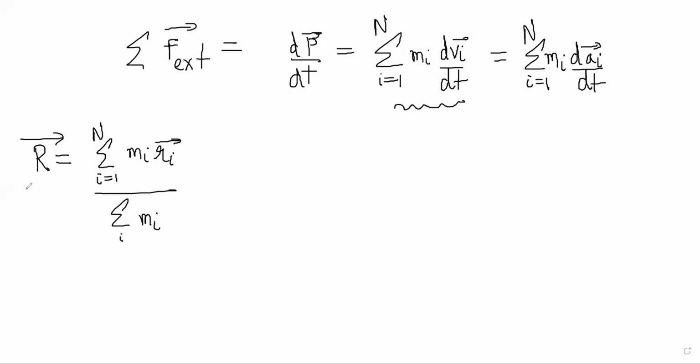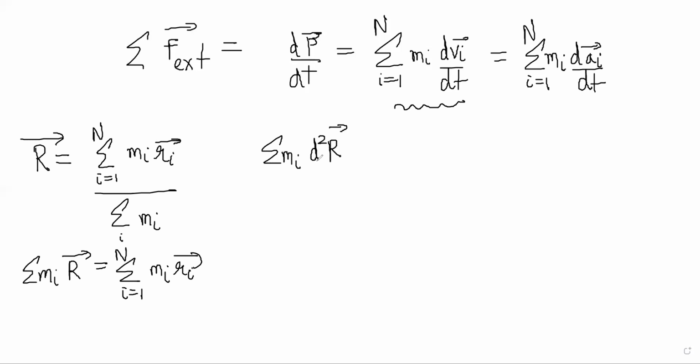If we define center of mass like this, what we can say is that summation of mi r is equal to summation of i goes from 1 to n mi ri, and differentiating this two times, we will get summation of mi d square r by dt square is equal to summation of i goes from 1 to n mi d square ri by dt square. Correct?